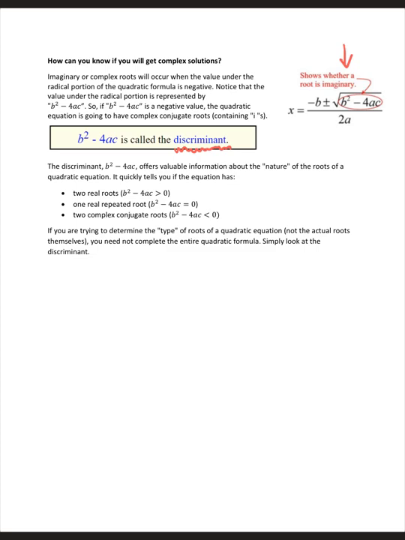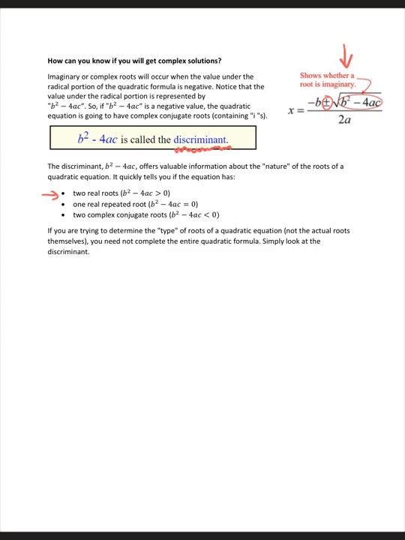So when I plug a, b, and c into that formula, if I get a number that is positive, or greater than 0, I'm going to have 2 real solutions, because the square root of a positive number is a real number. So I would have 2 of those when I take into account the plus or minus sign. If I plug a, b, and c into the discriminant and I get an answer of 0, well, the square root of 0 is 0.